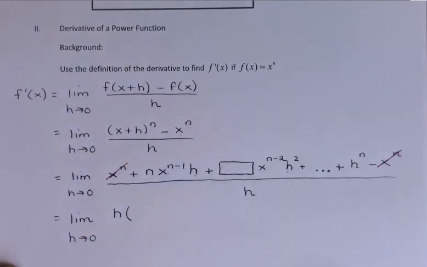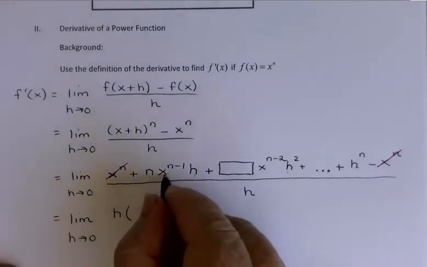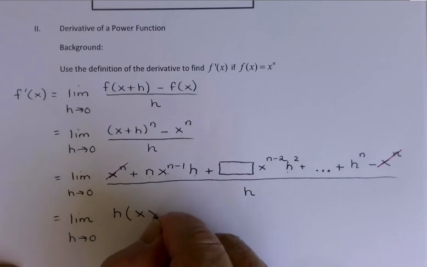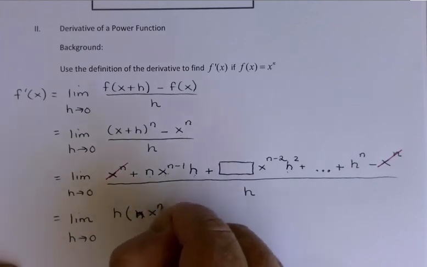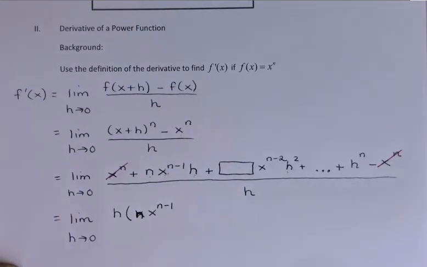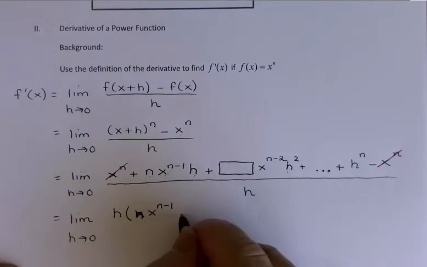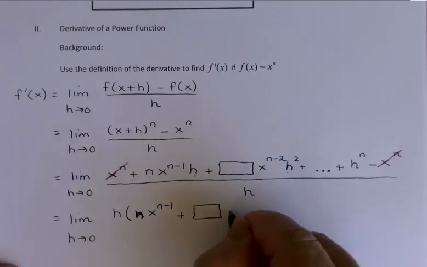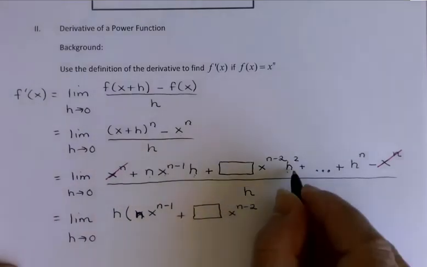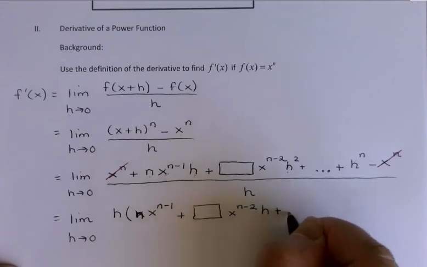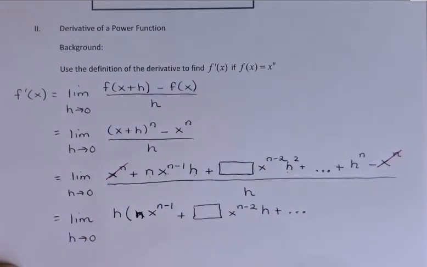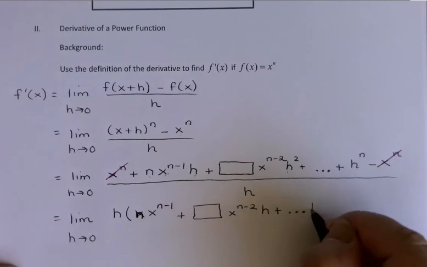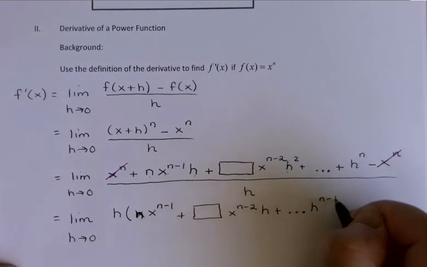So factoring out an h, I'd have n x to the n minus 1, h is factored out. I'd have something times x to the n minus 2, and that'll become an h to the first, and so on and so on, and then the last term would be h to the n minus 1.